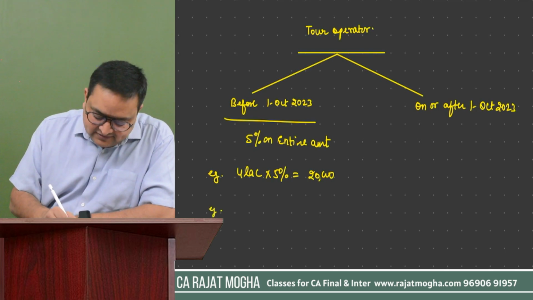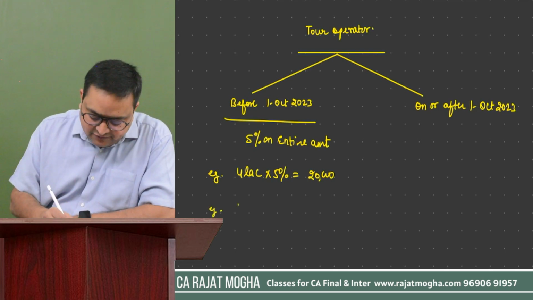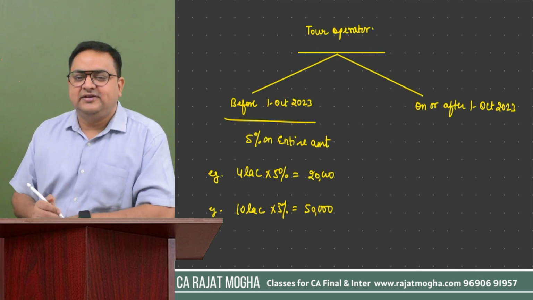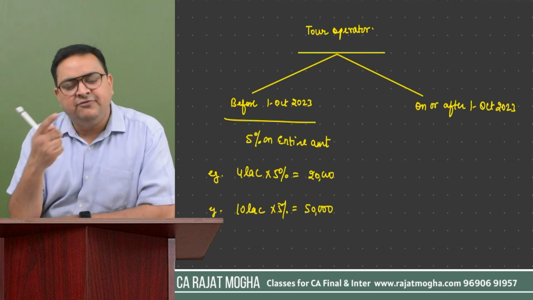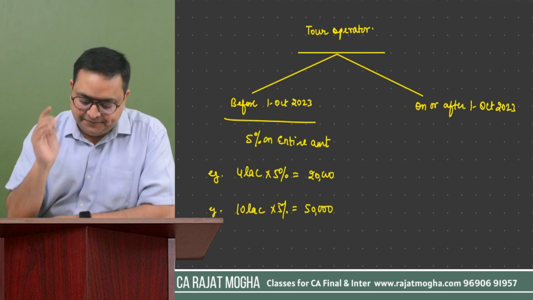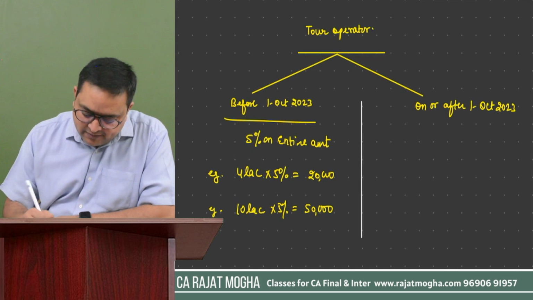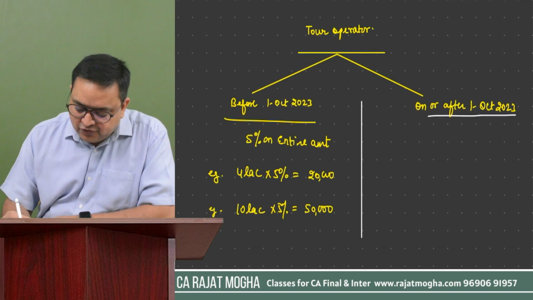For example, if the tour package would have been rupees 10 lakh, then also 5% TCS, how much would it have been? 50,000 rupees. You have to pay 50,000 rupees extra, 10 lakh plus 50,000 rupees, and 50,000 rupees would have been your TCS. But let's say you have taken this tour package on or after 1st October 2023.